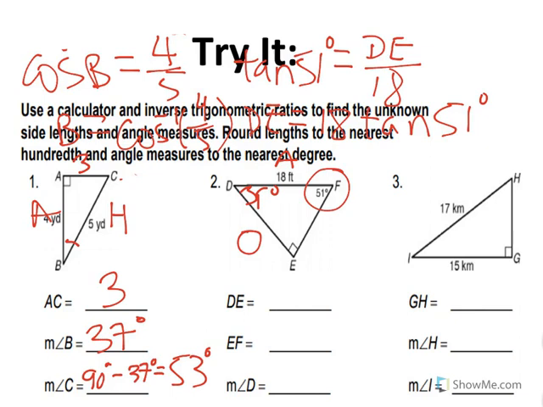So to round to the nearest side length, right? Okay, so this is 22.23 and in terms of feet. Right?